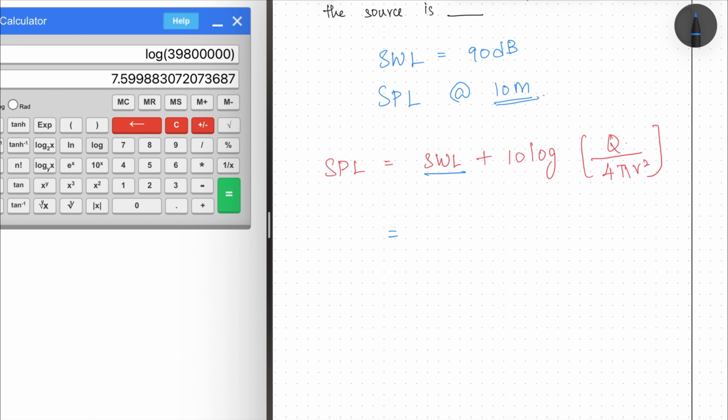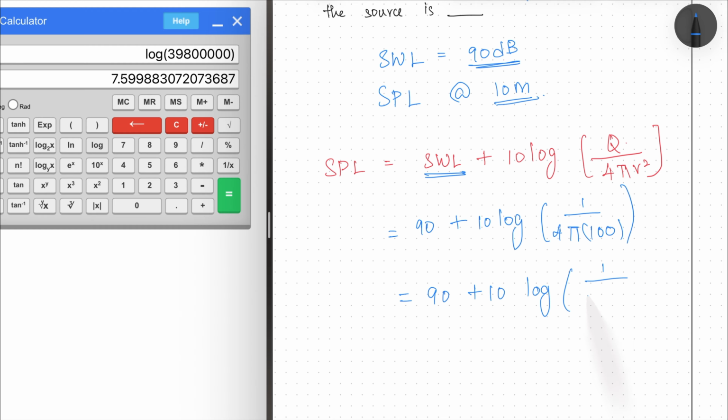They asked you to put it directly, so here you can put 90 decibel directly, and 10 log of 1 by 4 pi, r is 10, r square is 100, which will give you 90 plus 10 log of 1 by 400 pi, and we'll calculate it now.